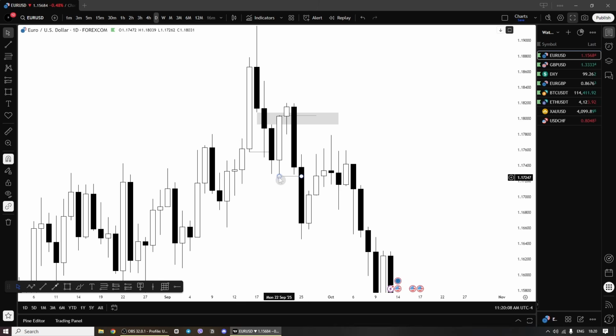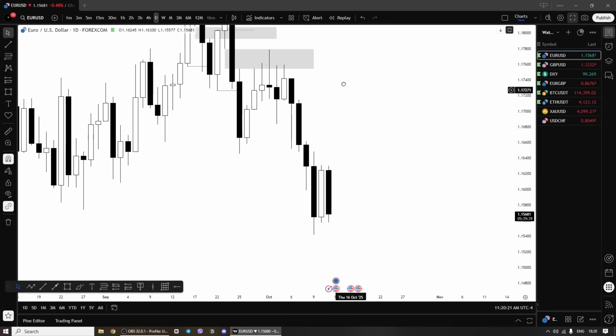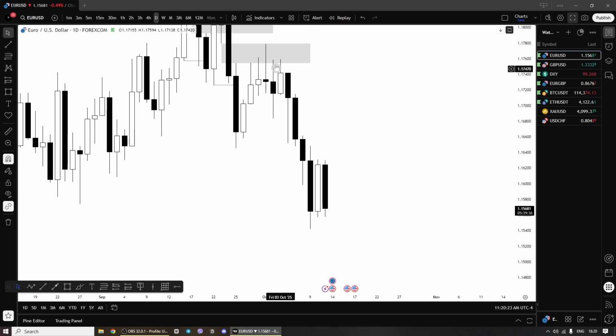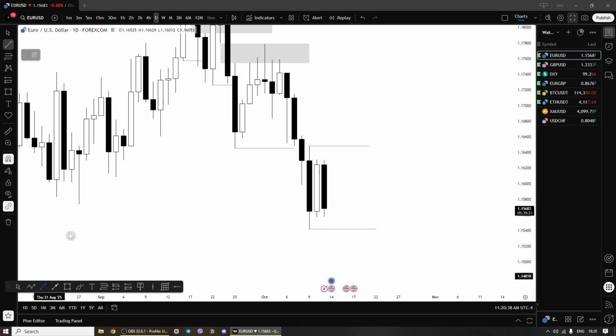And once we take the external range liquidity, we come back to our internal range liquidity, in this case the fair value gap, or the change in state of delivery candles, to do an external move right here, and now we need internal to go down, and this is my range that I look at, and what I want to use is this as my key level right here.